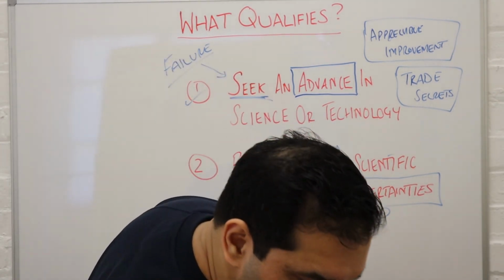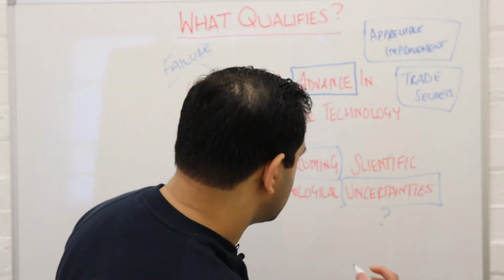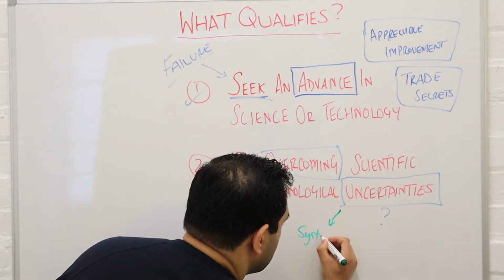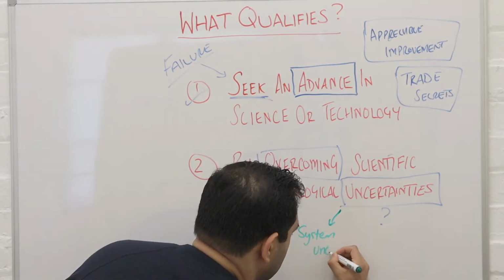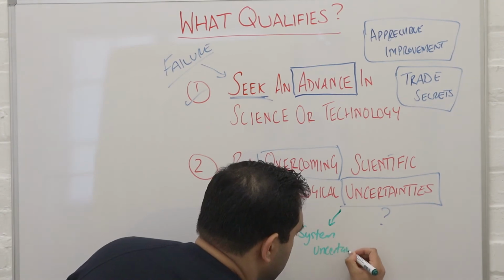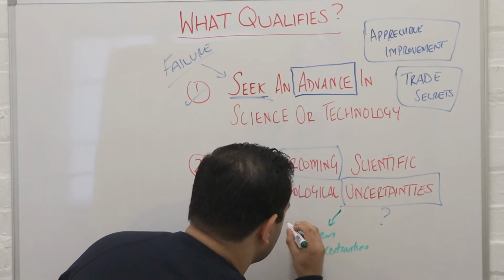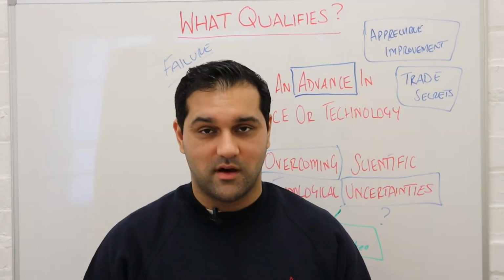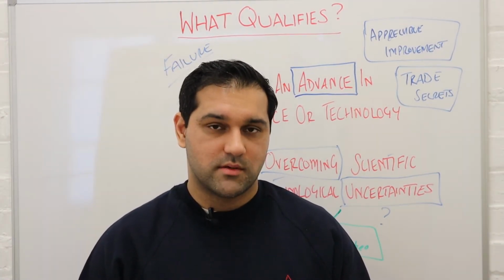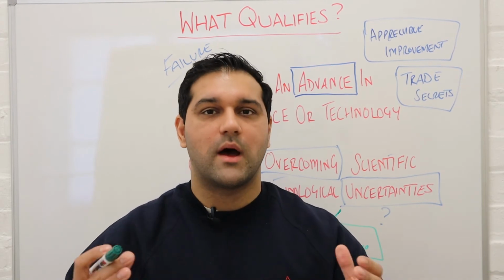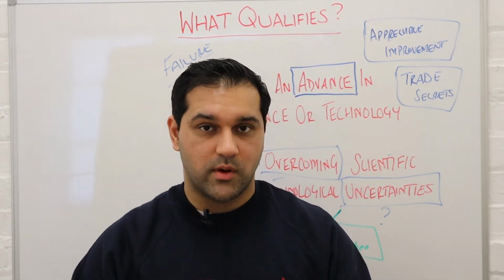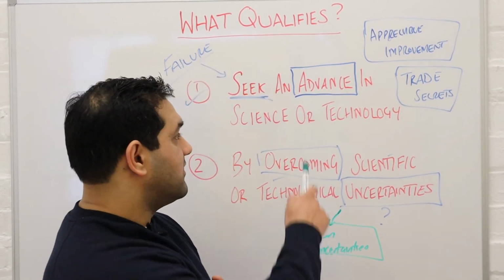What's interesting is within uncertainties, we also have system uncertainties. Let's say we're creating a drone. So we know the parts of the drone, but do we know how to put all that stuff together to create the advance that we're seeking?